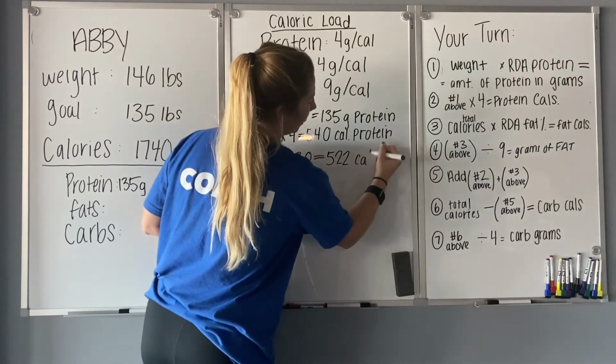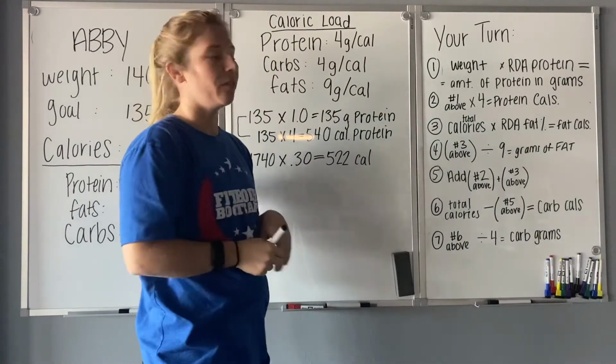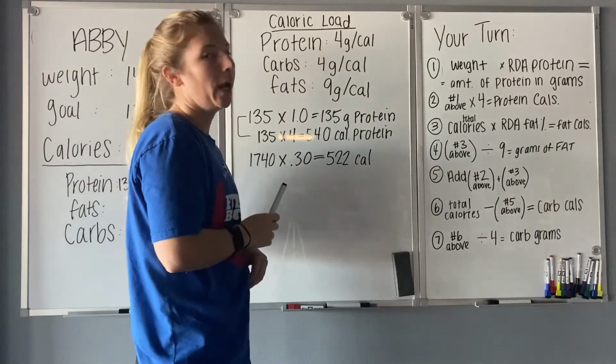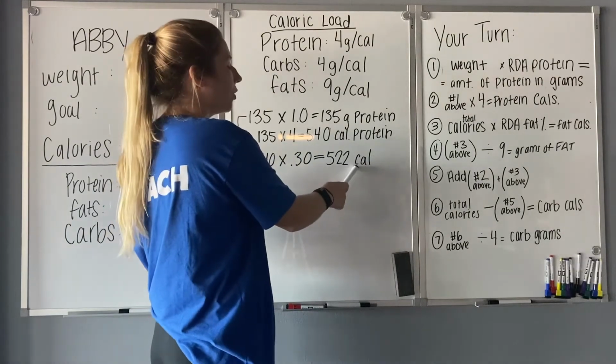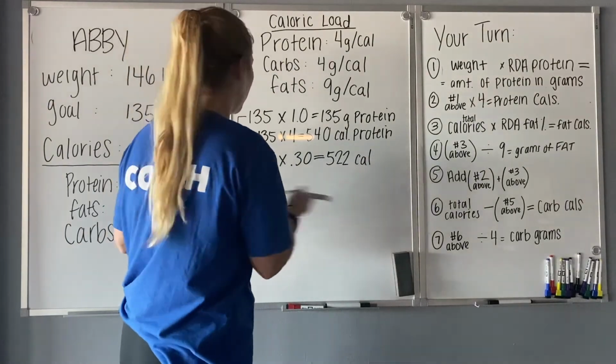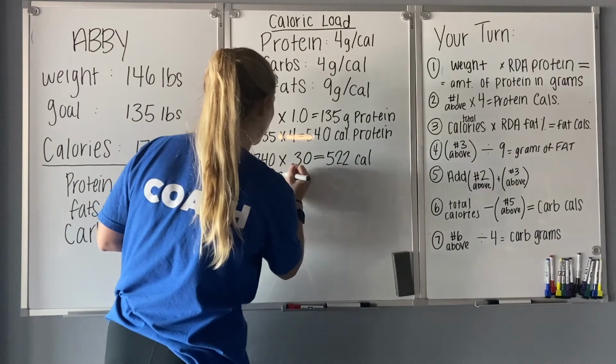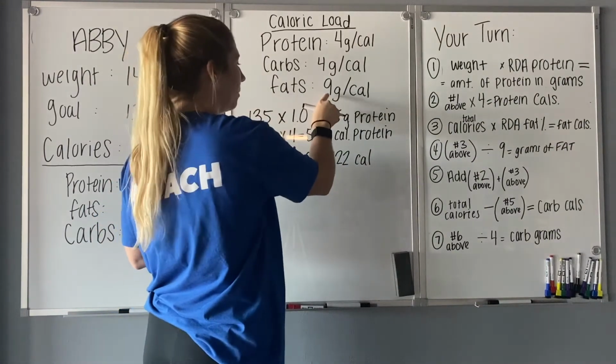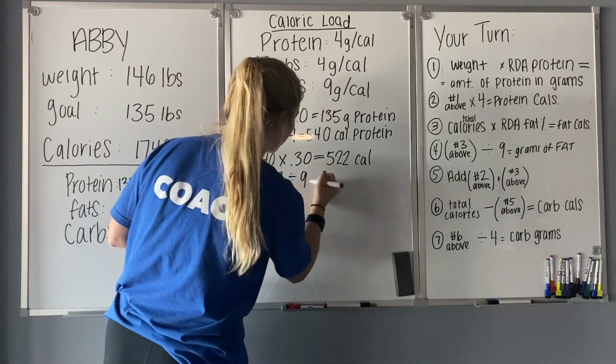522 calories. So a little bit different than protein. For protein, we did grams first and then calories, okay? For fat, we are now going calories, and we're going to use this number, 522, and we're going to divide it by 9, because we know that there are 9 calories per gram of fat.